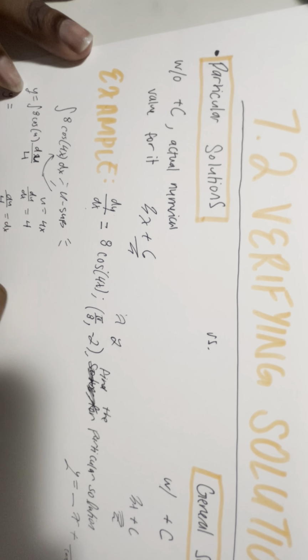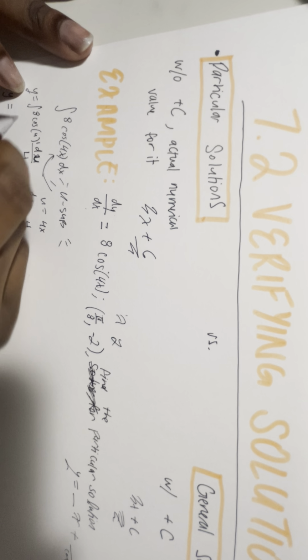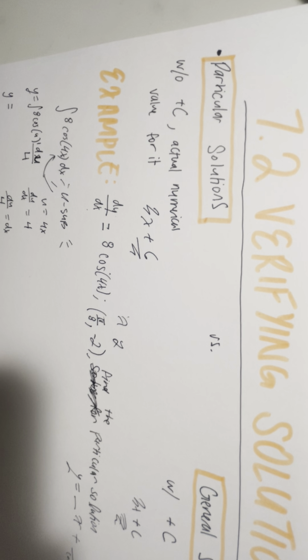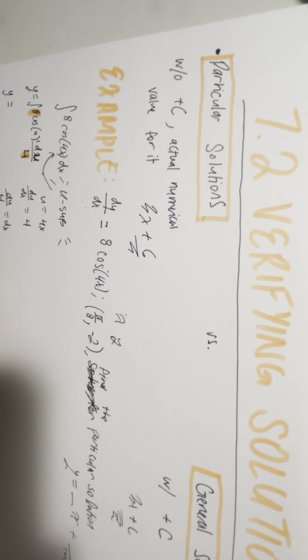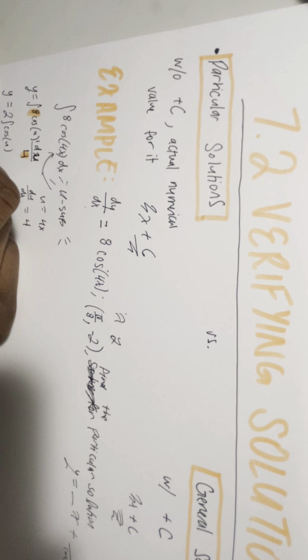Remember that this 8 and this 4 are both constants, so they're basically going to come out. So that's going to turn into 2, and then integration of cosine u du.